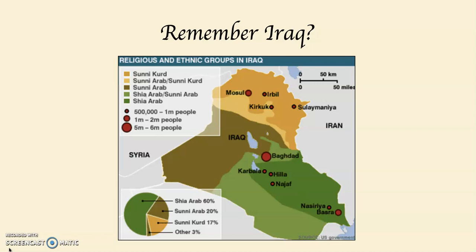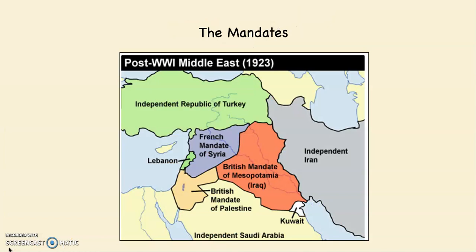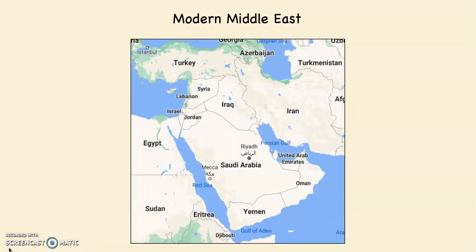The prism is to see oneself as one's group or ethnicity or clan or whatever, but not necessarily one's quote-unquote nationality. Again, let's look at these maps and think about how to divvy up that region equitably. Sykes-Picot, mandates, modern Middle East.